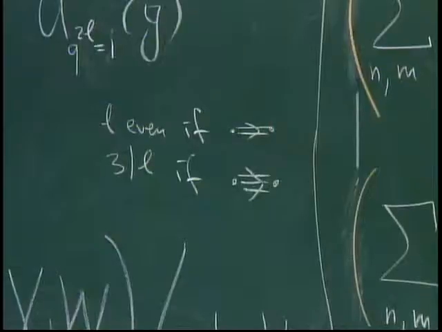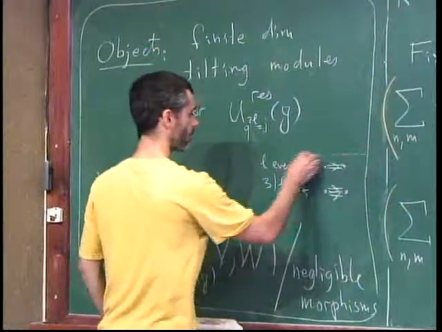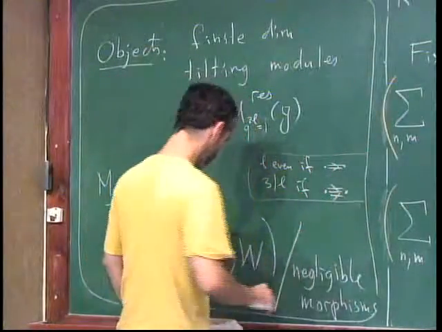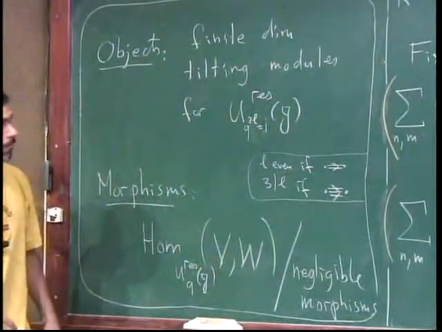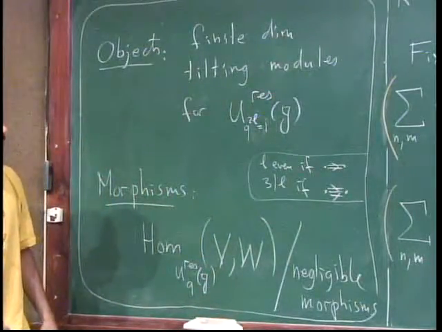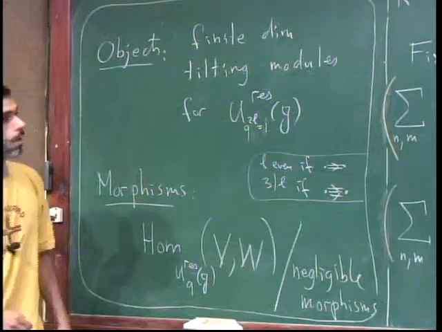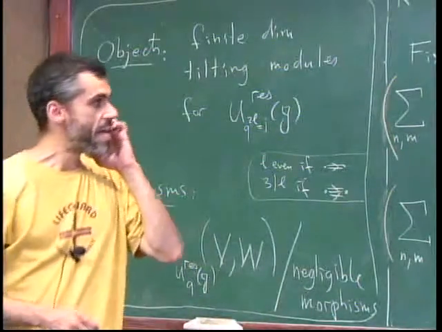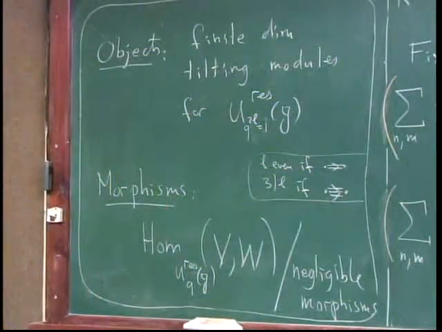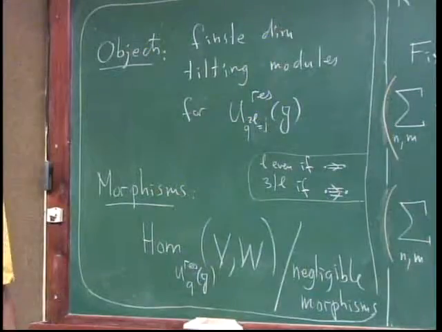Yes? So what's the precise statement of uniqueness of either mu or nu or the quantum dimension? I don't think that they're unique.